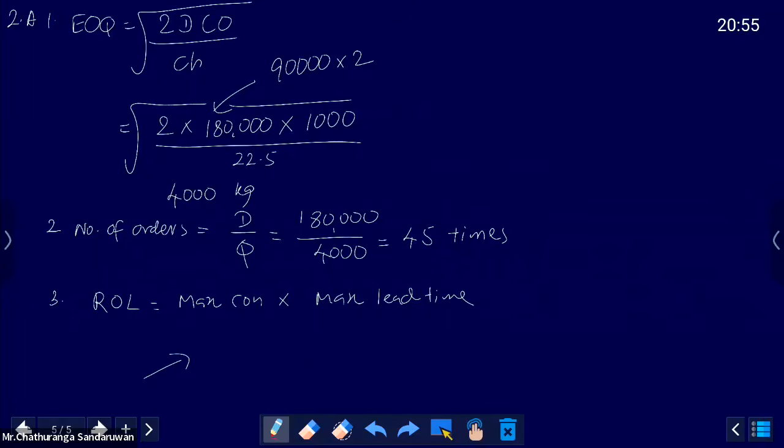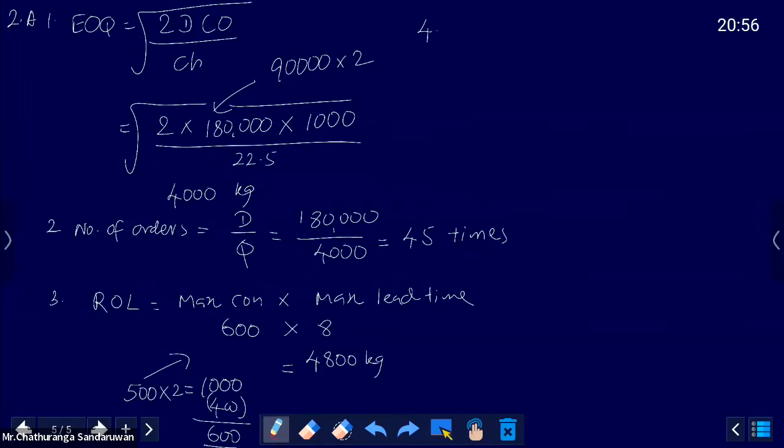Average consumption is 500. You can multiply that by 2, then that is 1000, minus minimum consumption 400, then maximum is 600. And the lead time is given, the maximum figure, that is 8 days. Therefore reorder level is 4,800 kilograms.